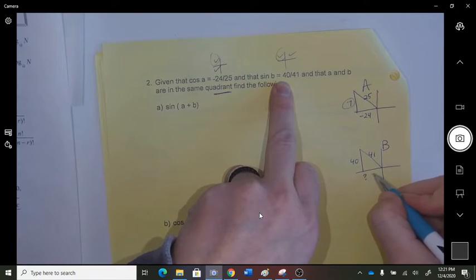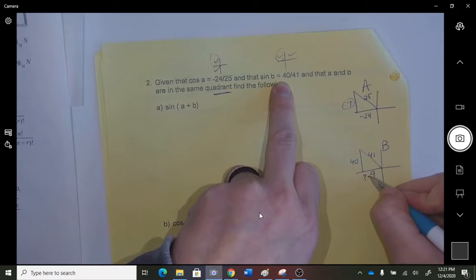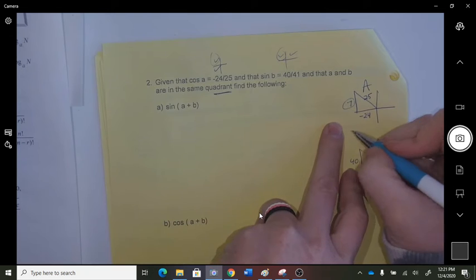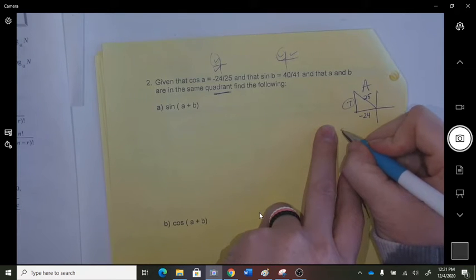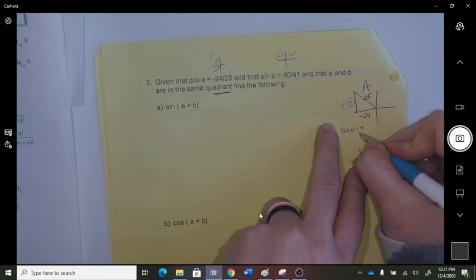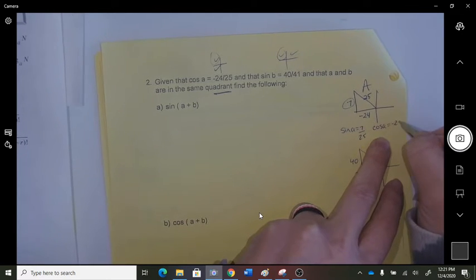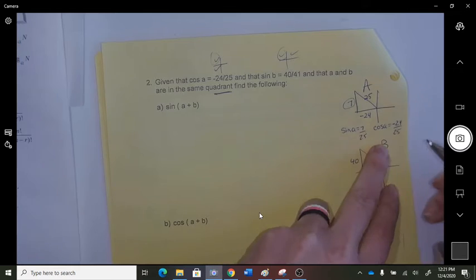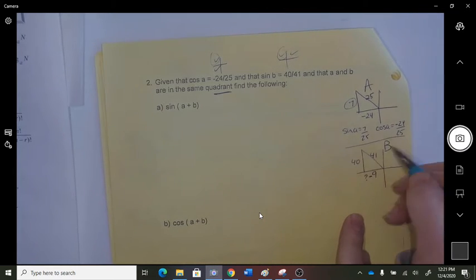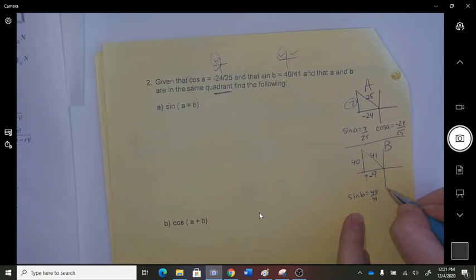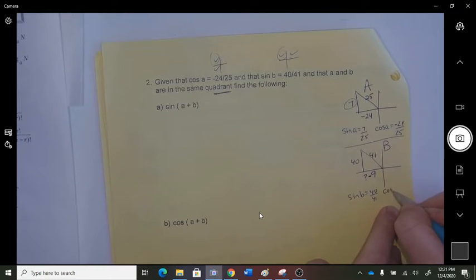So the x I have to solve for, which is 9, but don't forget it's negative because of its location. So A, let's go, sine A is 7 over 25, cos A is negative 24 over 25. So B, sine B is 40 over 41, cos B is negative 9 over 41.